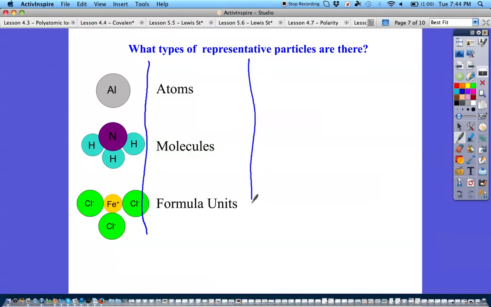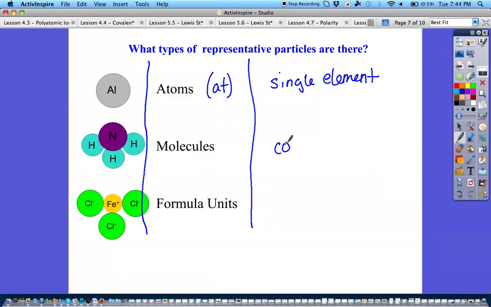So in your first column, you have aluminum, ammonia, and sodium chloride. I have iron chloride, but these will all work the same way. So we said that this is a single element, just one by itself, not where you have 2 of the same kind bonded together. Atoms, we're going to abbreviate AT.